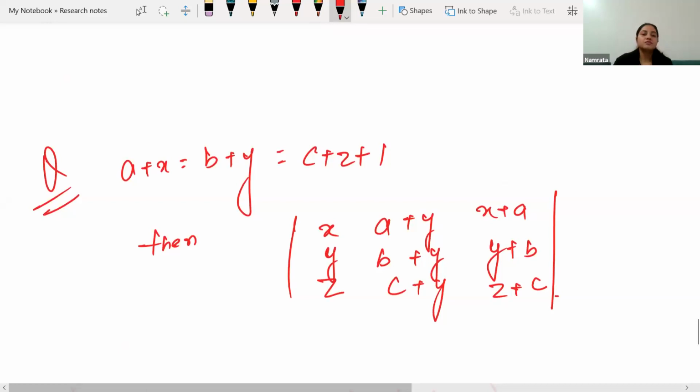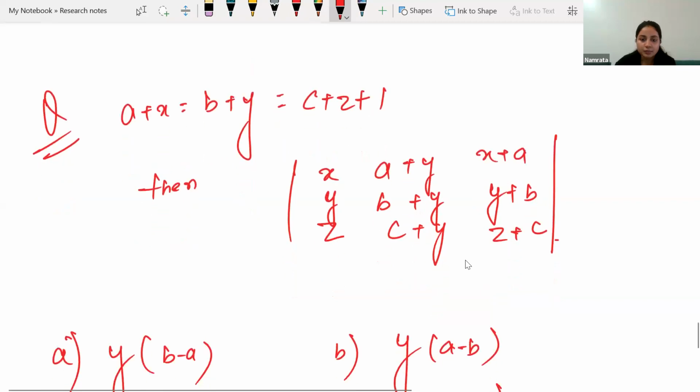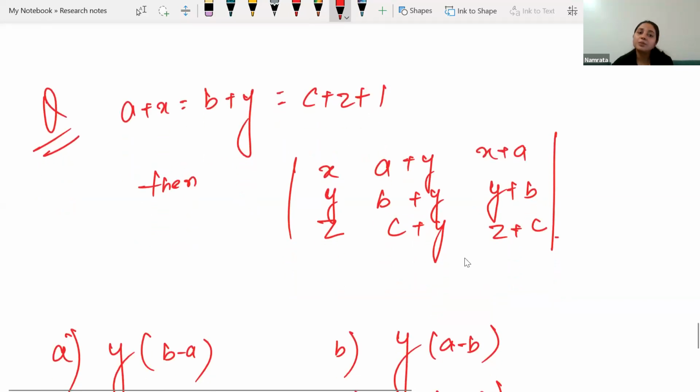Okay, let's do it. Again, we will try applying the elementary operation, but before that, we will see whether that will be beneficial or not. One condition is given over here, that is a plus x is equal to b plus y is equal to c plus z plus 1.